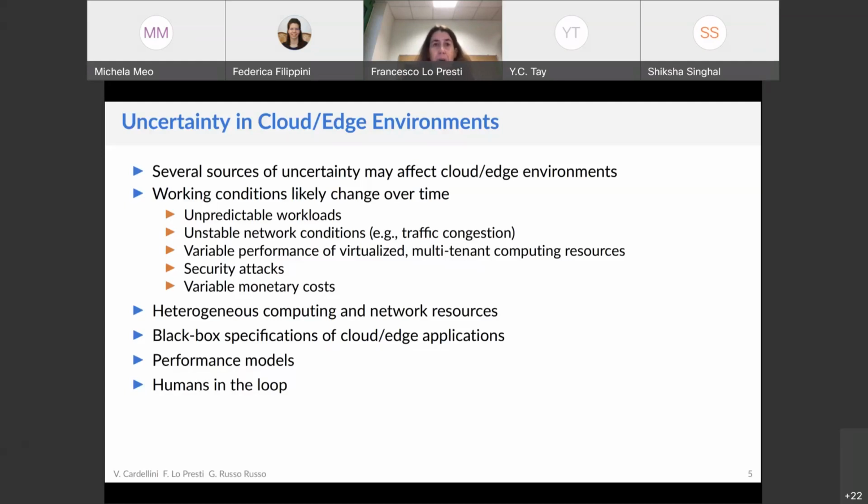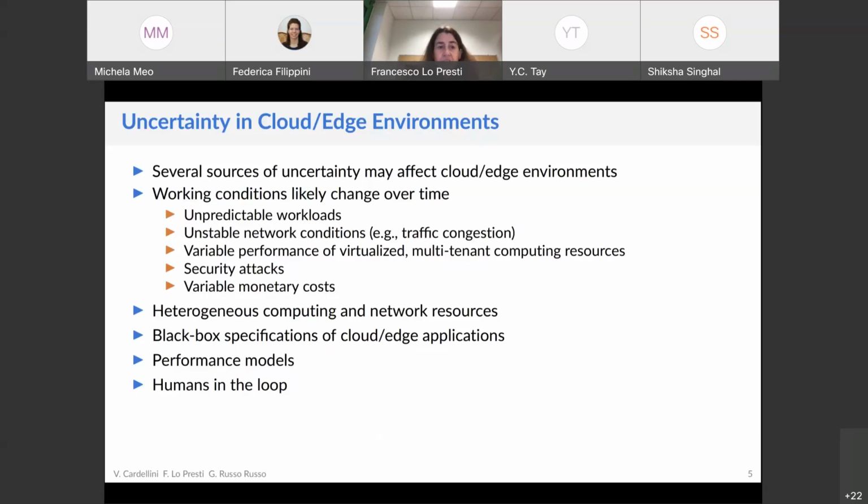For example, you have service level agreements that regard the latency time of the entire application, and you don't know the latency that is due to a specific component of your application.